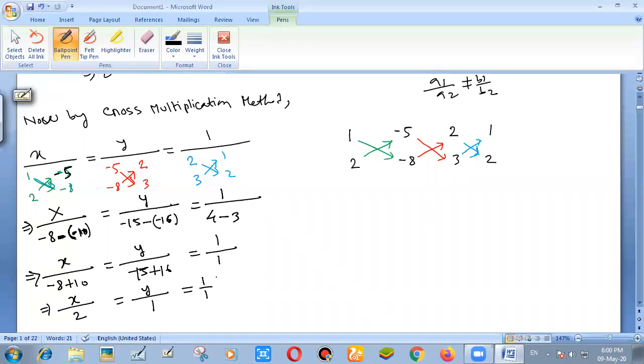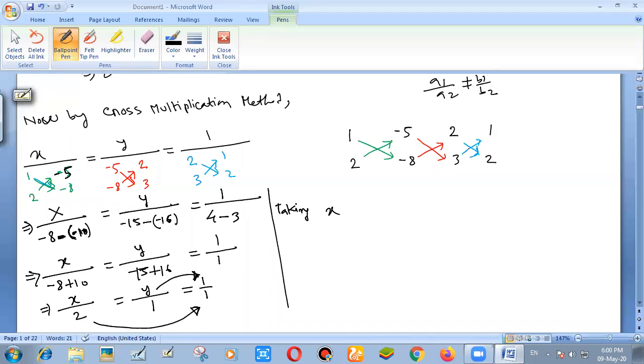Now see, x by 2 equal to y by 1 equal to 1 by 1. So from here you can write x by 2 equal to 1 and y by 1 equal to 1. Clear about this? All of you? Sir, yes.